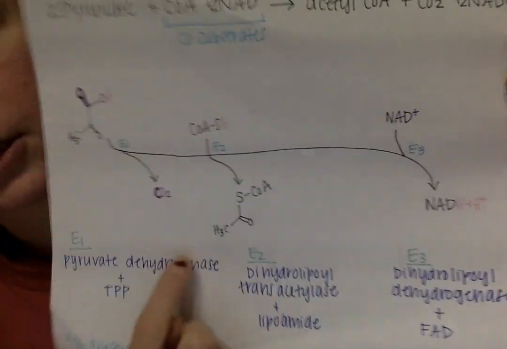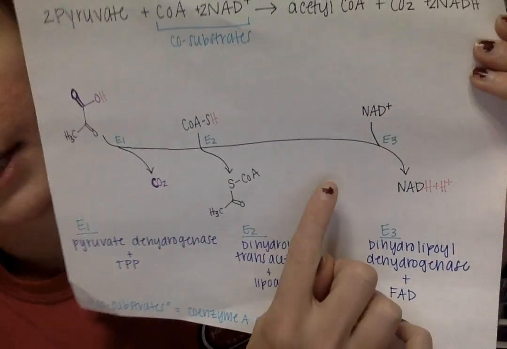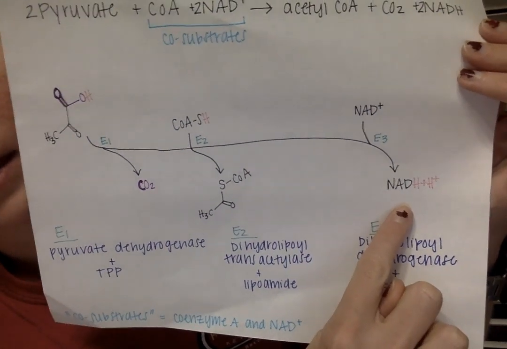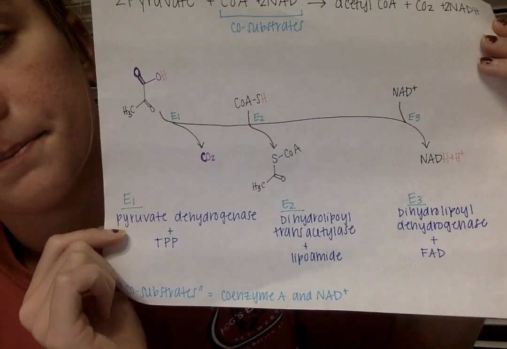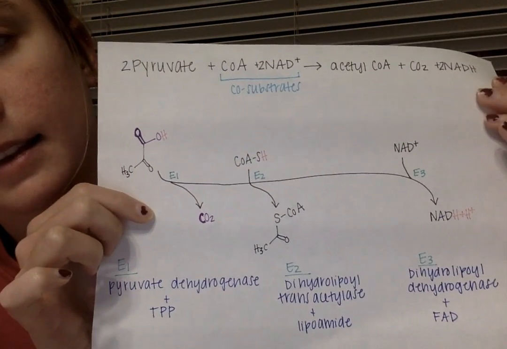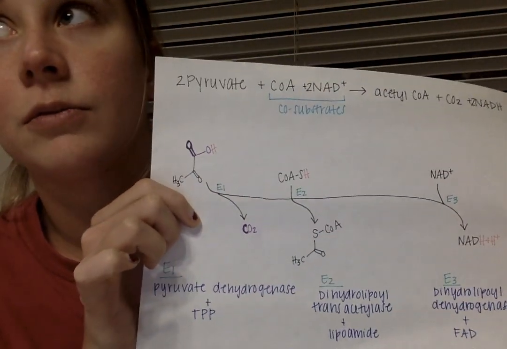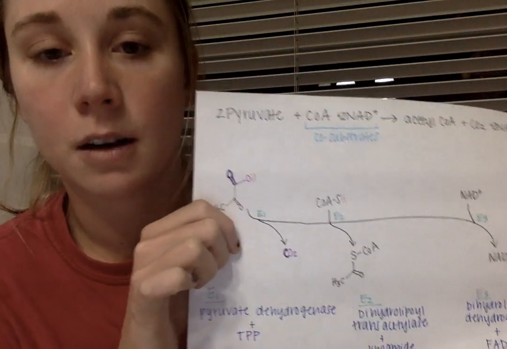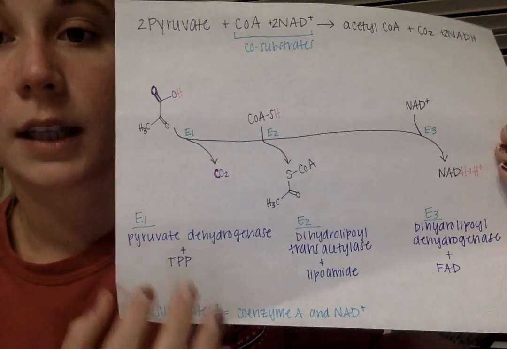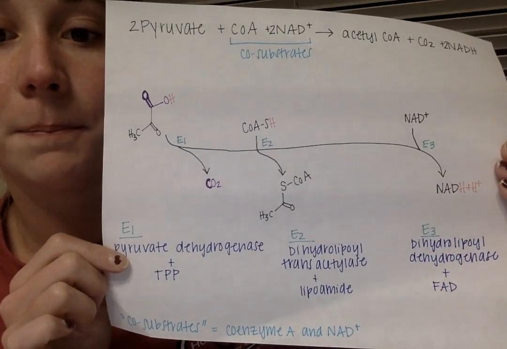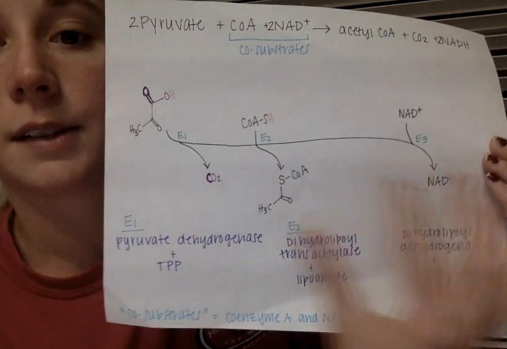So here this goes through E1, E2, E3, and there we see the NADH, and this is the pyruvate dehydrogenase complex. So this first part, it's collectively 3 enzymes that work at different stages.